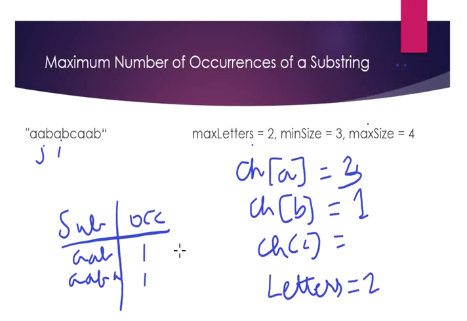Now if you see, one A is removed. That is, this character is removed. So now we are going to decrement the character from the character array. So now our A becomes 2 and the letters are still 2 because A did not go to 0. If A had moved to 0, then A would be completely removed from the letters, and we would have to decrement the letters also.